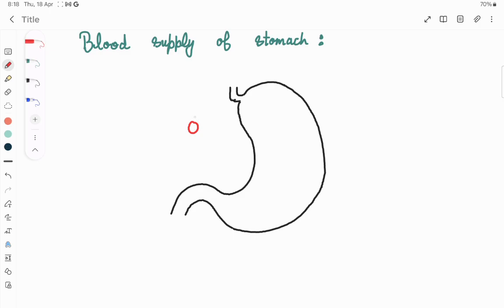This celiac trunk arises from the abdominal aorta and is the most important part of the blood supply to the stomach, because almost everything is from the celiac trunk. So this is the left gastric artery, and it directly supplies the lesser curvature of the stomach.